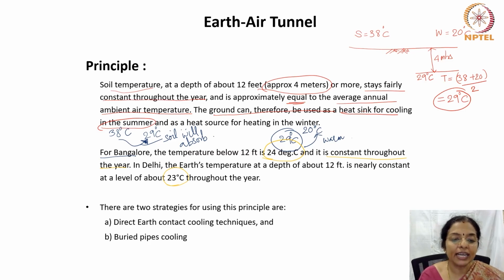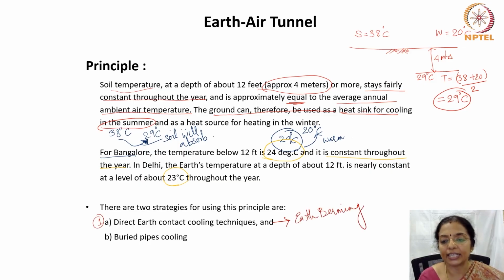One is the direct earth-air cooling technique, and I will not be dealing with this in depth because it is similar to the earth berming technique, which we have already seen in detail. But I will make a small mention of this. The second is the buried pipes cooling technique, and this we will look at in depth in this lecture.